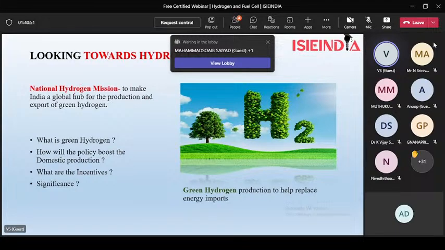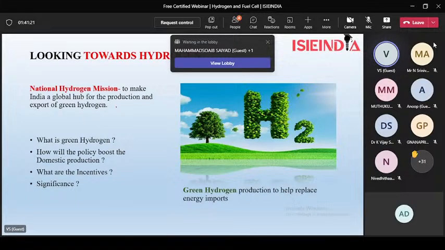This mission is by the Ministry of Power, and this mission aims to boost the production of green hydrogen. I think you must be clear on what green hydrogen is; in the previous slide I explained green hydrogen.